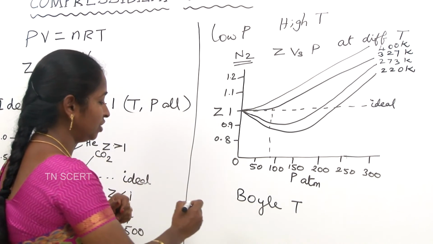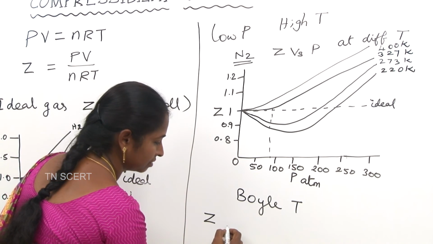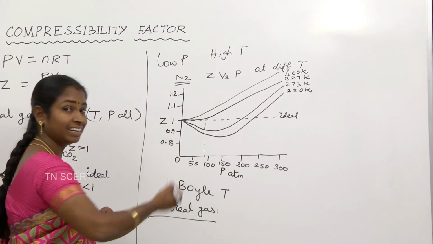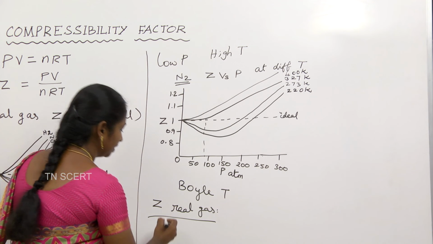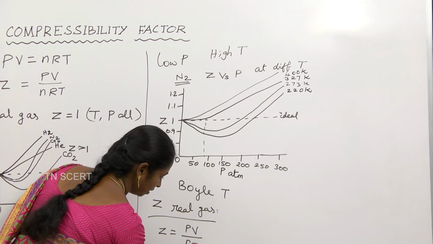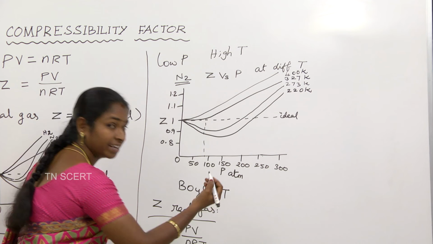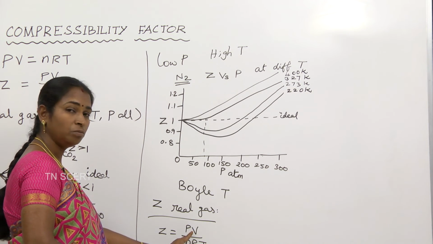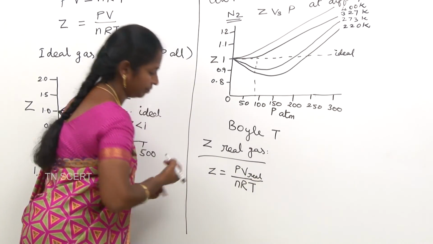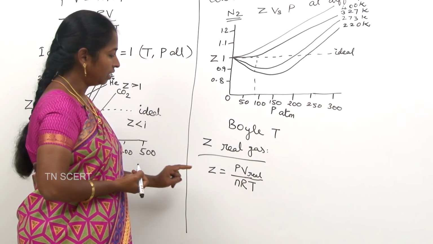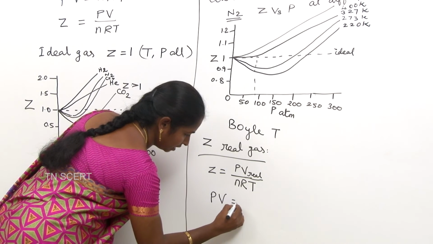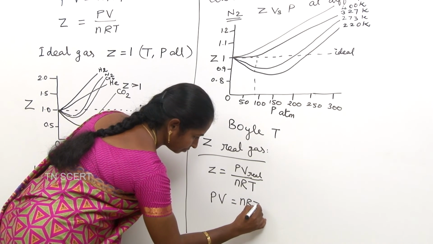Right. What is the Z value for a real gas? You know, Z is equal to PV by nRT. Since this is for a real gas, we can write the volume as V real. So, P V real by nRT is equal to Z. Now, for ideal gas, PV is equal to nRT.